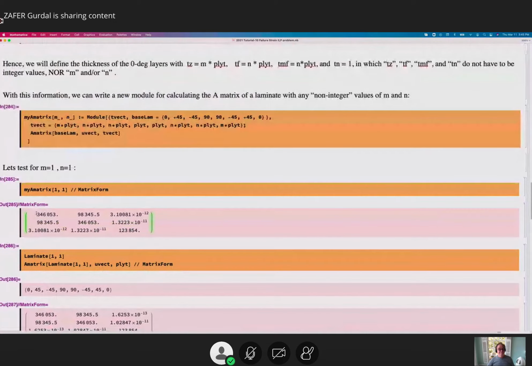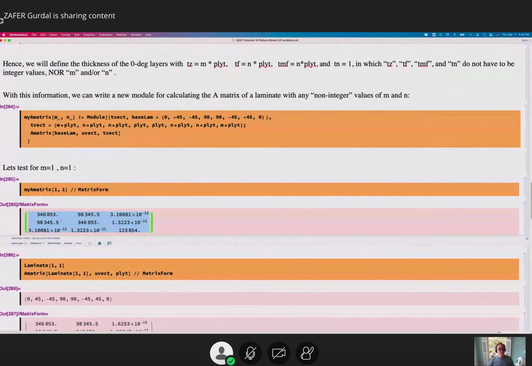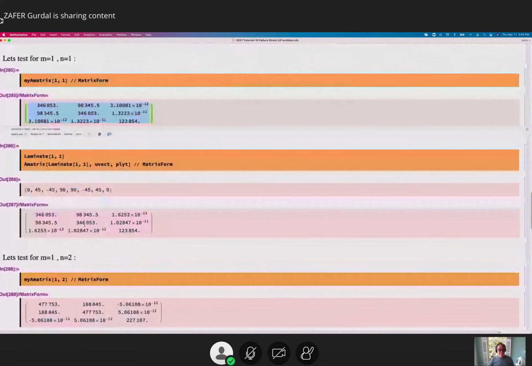These values are the same values, 346, 9, 83, 346.